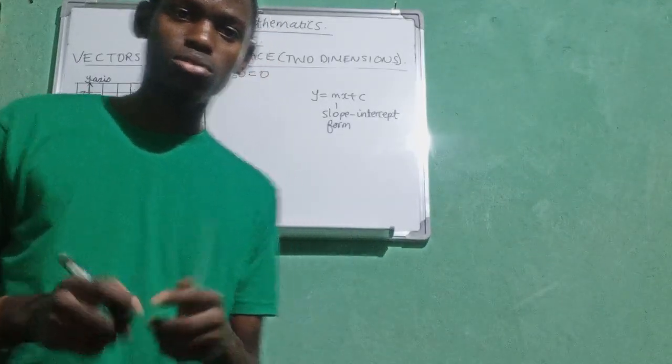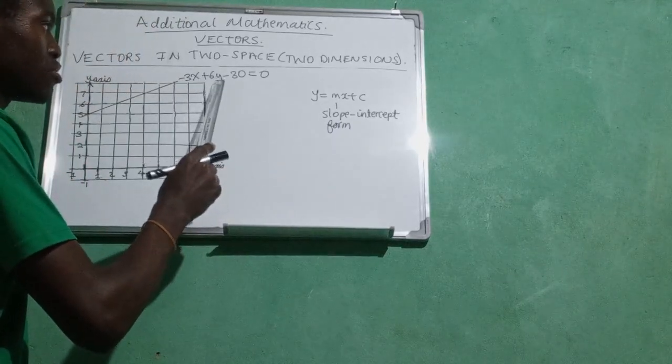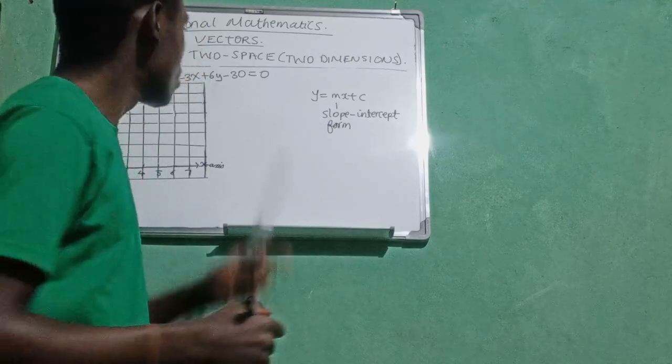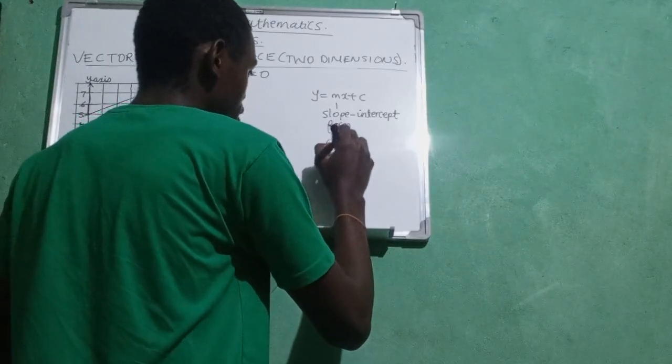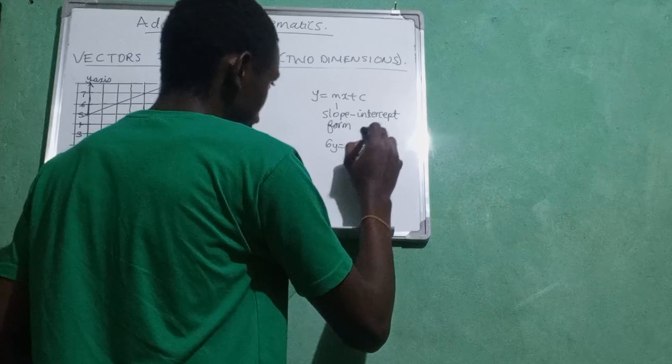Now, under vectors, we look at equations in this type of format. Negative 3x plus 6y minus 30, which for example should have been written as 6y is equal to positive 3x plus 30.